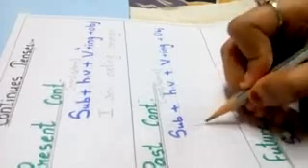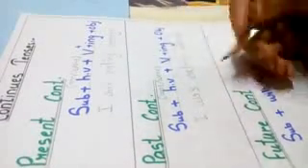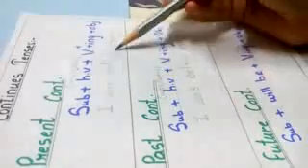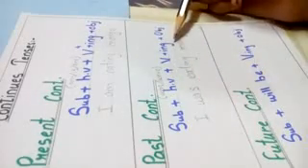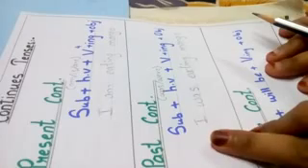So my subject is I, so with I will use was. I was eating, verb with ing. Mango. Mango is my object. I was eating mango. I am eating mango, I was eating mango. So this was in present form and this is in past form.